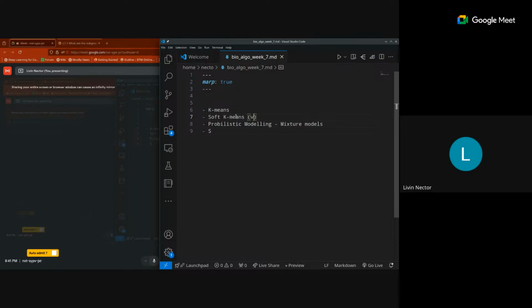Initially we do this with the vanilla or simple formulation, extending K-means. Then we go to probabilistic modeling, where you have K-means with probabilistic assignments, which essentially comes to one form of the Gaussian mixture model.